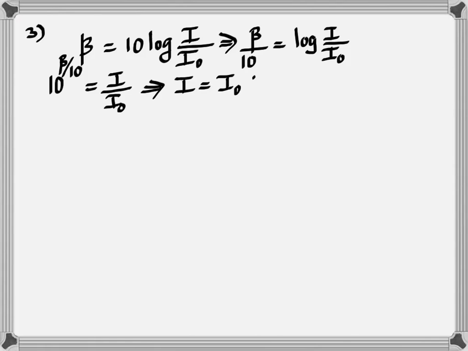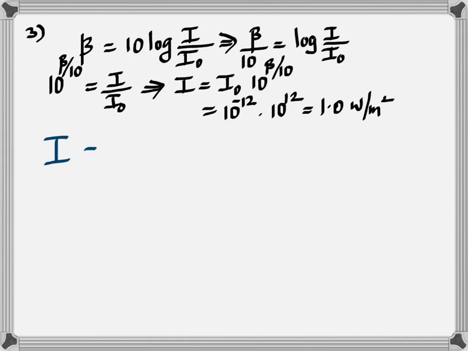Therefore, I is simply I naught times that. And we know the value of I naught. You have to know it. I naught is always 10 to the negative 12. You've got to know it. And beta is 120. 120 divided by 10 is 12. Therefore, you get 1 watt per meter squared. That's the first thing we do. Change the decibels into the proper units.